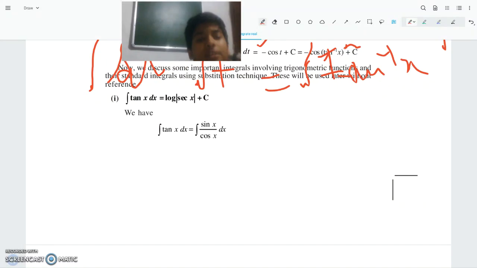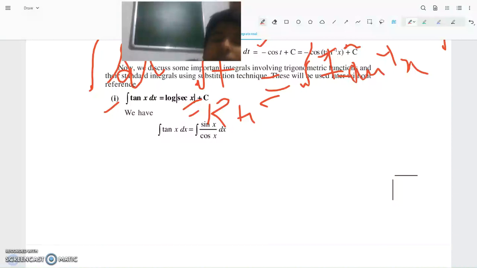Now the question comes: the integration of tan x dx equals log sec x. This is an important result, and we would get one or two questions or more on it. How can we prove this equation? We have to think first. You could go from the RHS, but that is not the way to prove this.